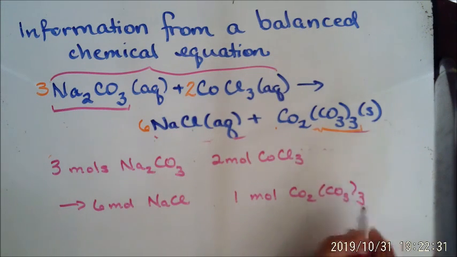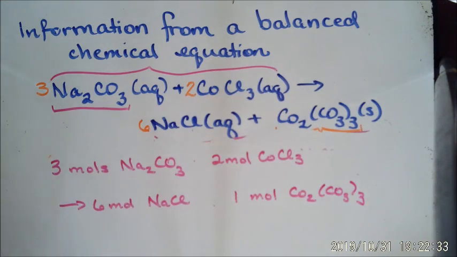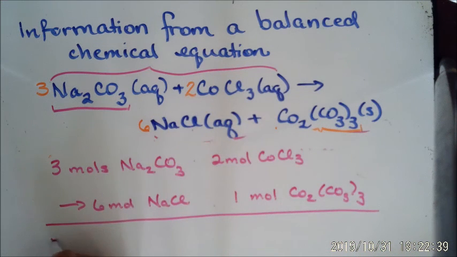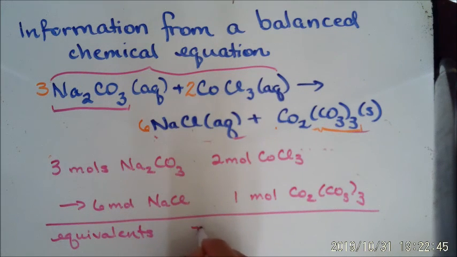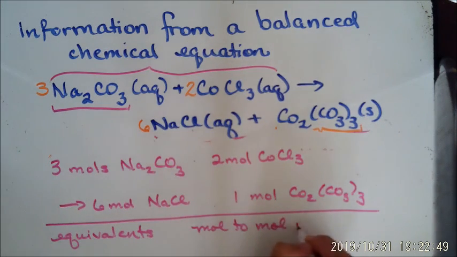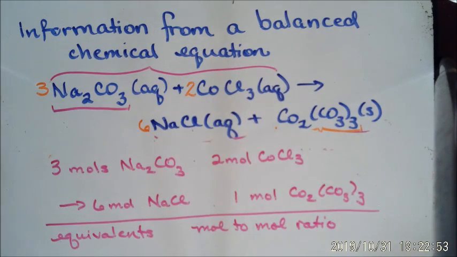Now when we do this, we can get our proportions. What is the relationship? You hear us call them equivalence, or more frequently you'll hear us talk about it as mole-to-mole ratio. So let's go through and write some of the ratios down.